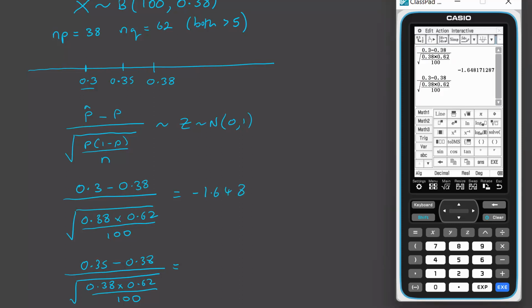Let's just grab that and drag that to here and make that 0.35. And that's negative 0.6181.